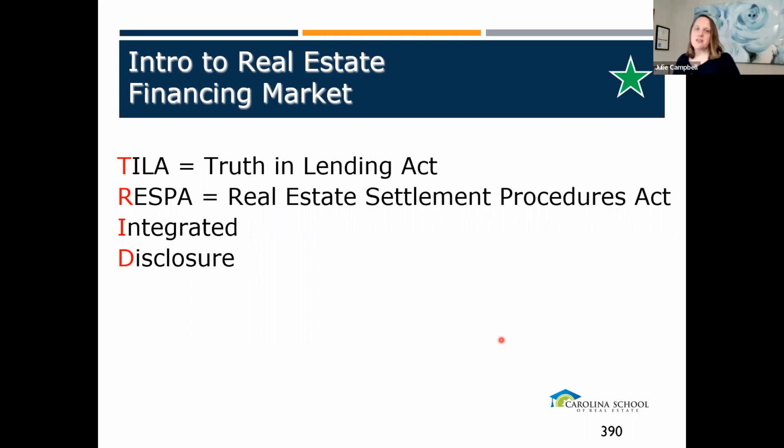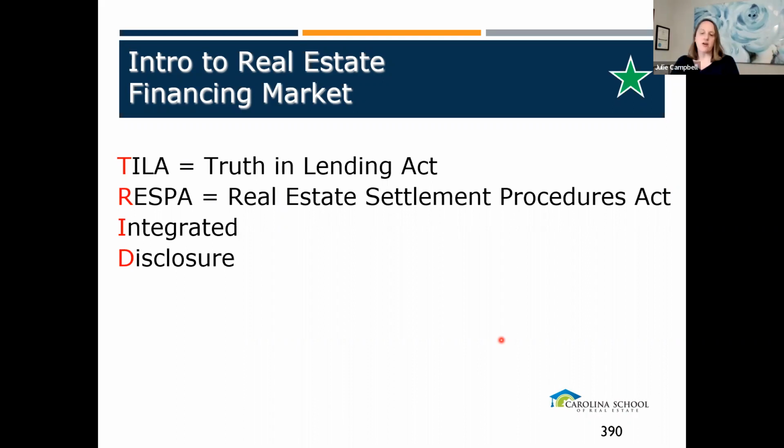TRID stands for the TILA RESPA Integrated Disclosure. TILA is an acronym for the Truth in Lending Act. RESPA is an acronym for the Real Estate Settlement Procedures Act. TILA was always around. RESPA was always around. TRID combined them. TRID put them together.